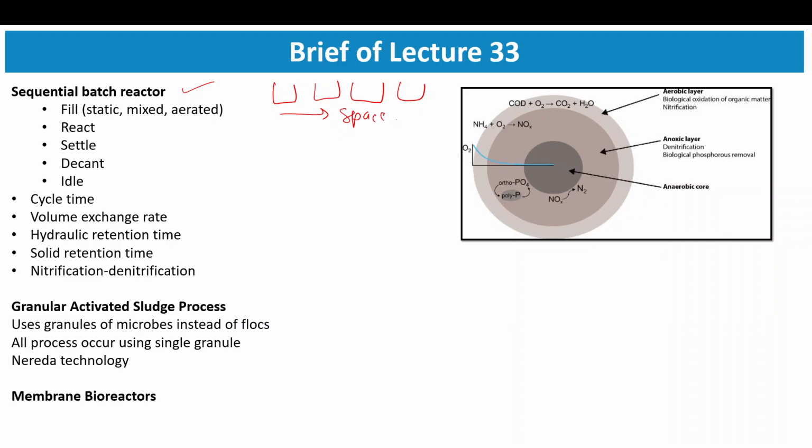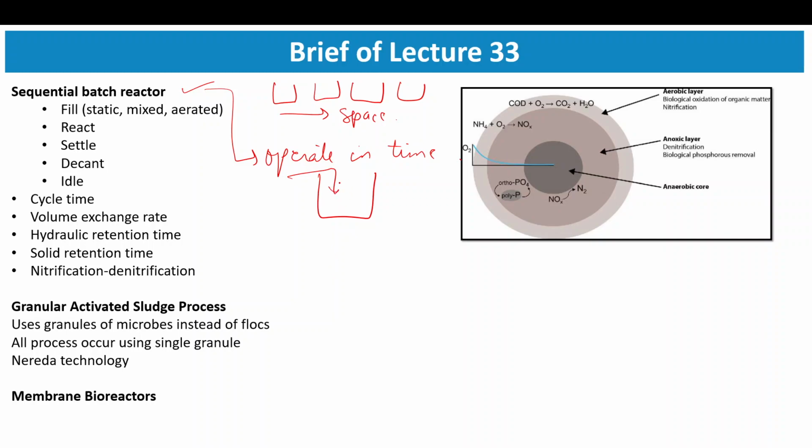Now here in the sequential batch reactor, we operate in the time domain, where we do different batch processes in a single reactor. So where we do not have much space, such a sequential batch reactor is very useful.